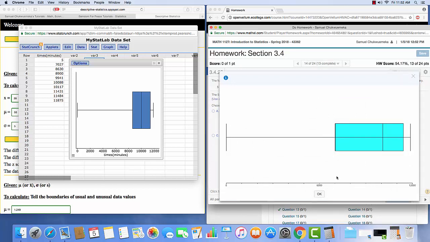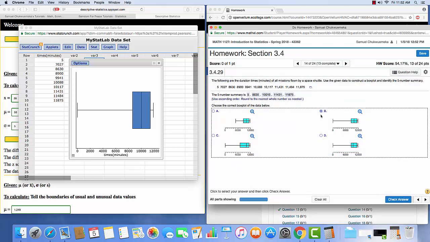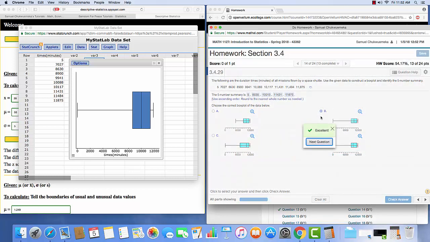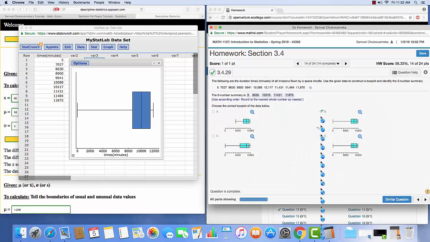Okay, this is not it. The first quartile here is close to 7, but it should be more than 7. It should actually be more than 8. So B becomes the correct option. Okay, that's the way it's easier to find out.